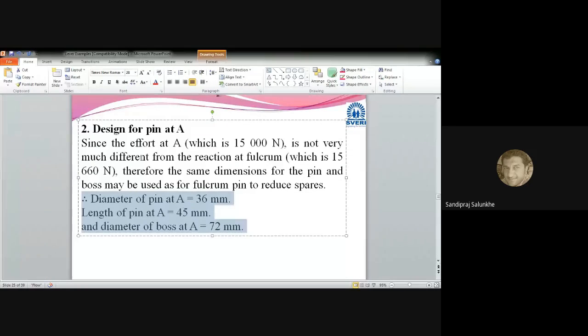If you are going to solve this problem, you have to mention this statement that the effort at point A is 15,000 Newton and the fulcrum reaction is 15,660 Newton, which is not much different. That's why we are going to use the same pin, and the efforts which we have applied are less than the fulcrum reaction, so we can use the same dimensions of the pin at point A.